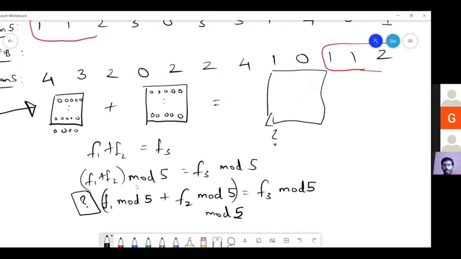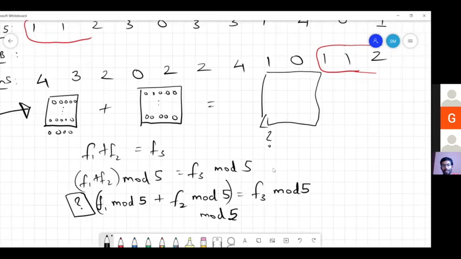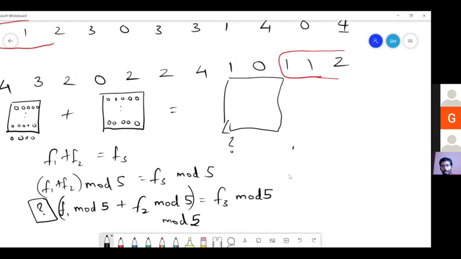So basically, the question that we are seeing is we are adding two numbers, M and N, and I get some other number P. Now, if m is the remainder of capital M and n is the remainder of small n, will m plus n, with the mod, be the same as the remainder of P?